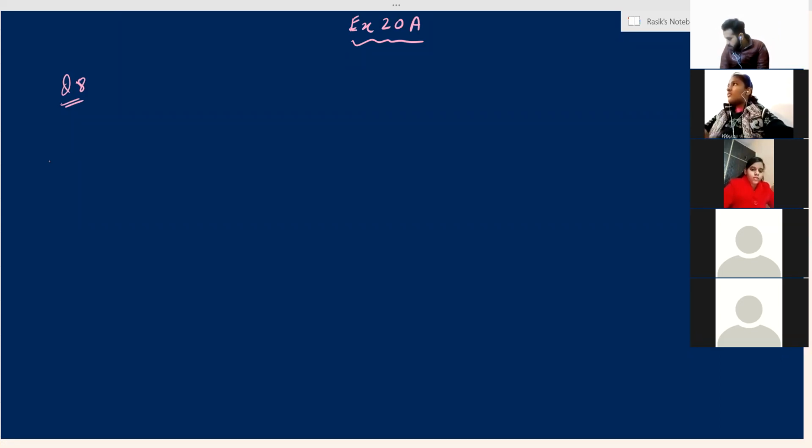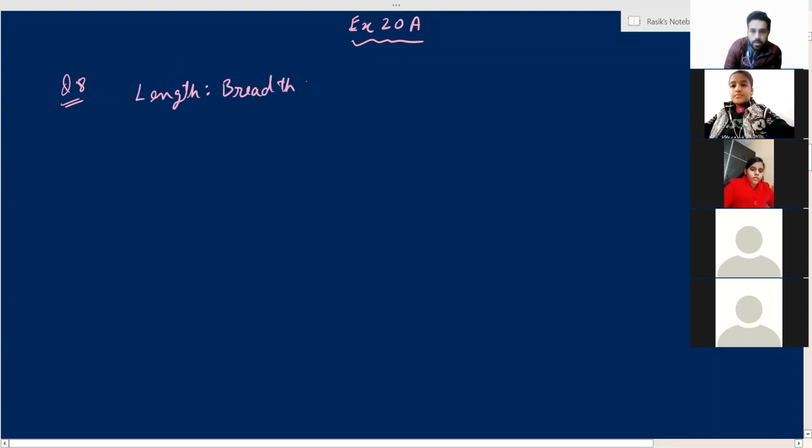Find the length and breadth of the rectangular piece of land. Okay. So there is a rectangular piece of land. Its length and breadth are in the ratio 5:3. This is given in the question.